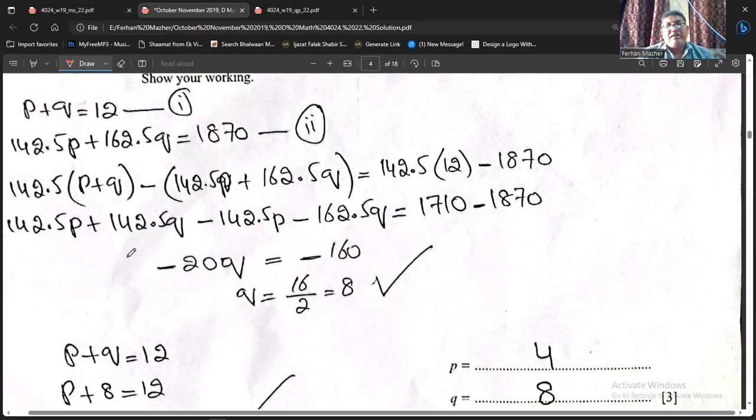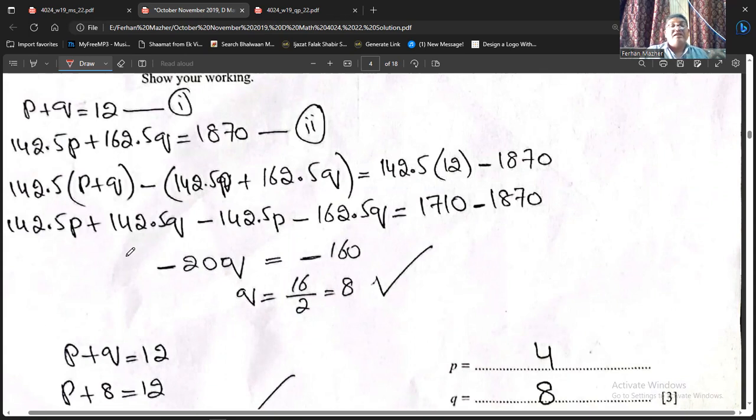So we multiply the first equation by 142.5, and so you will have 142.5(p plus q) minus (142.5p plus 162.5q) equals 142.5 times 12 minus 1870. So it will be 142.5p plus 142.5q minus 142.5p minus 162.5q equals 1710 minus 1870.